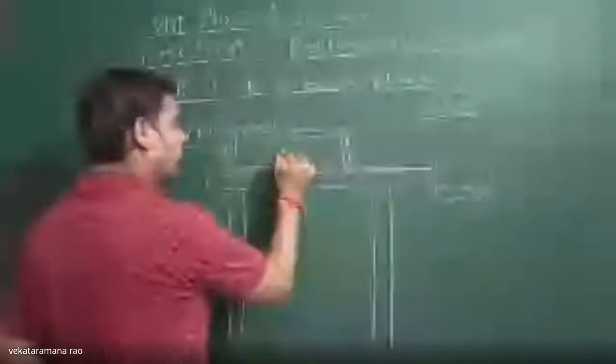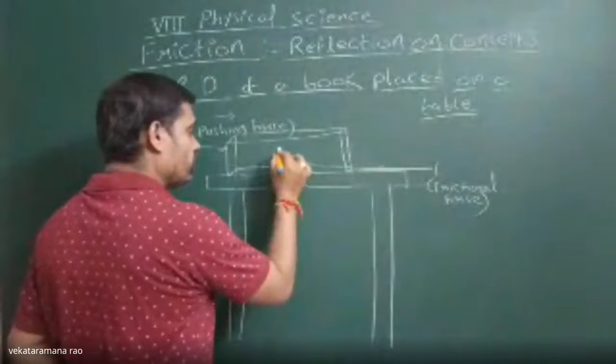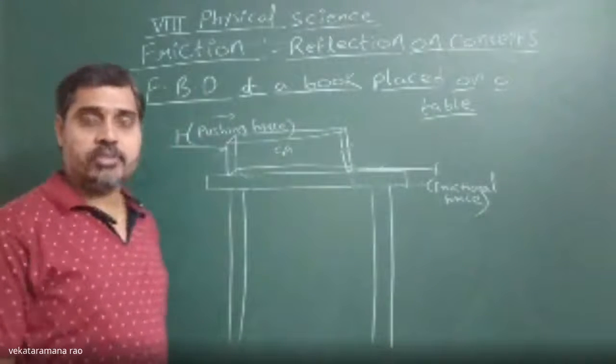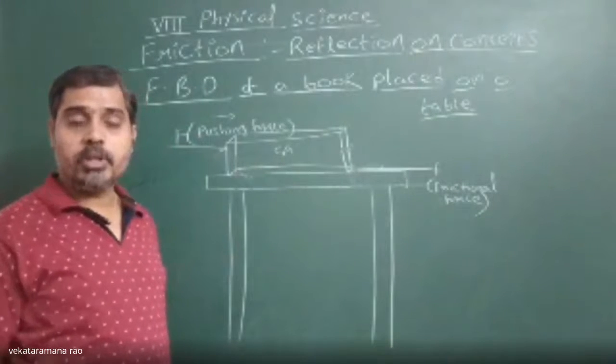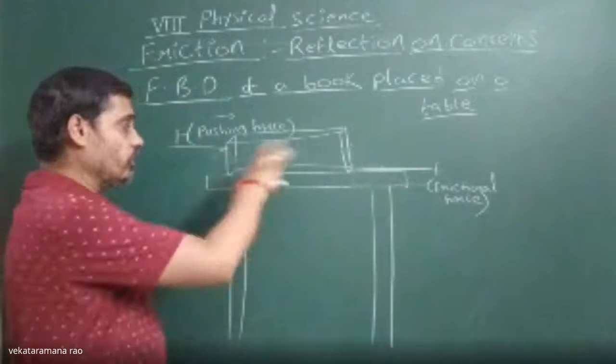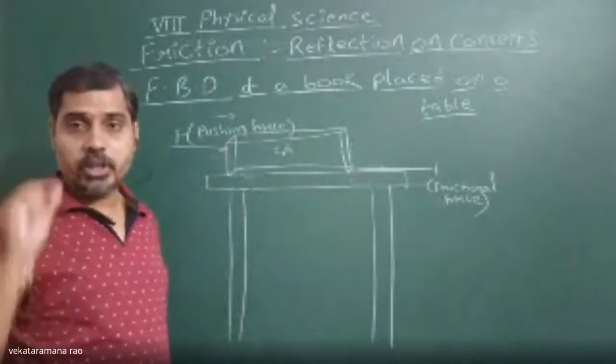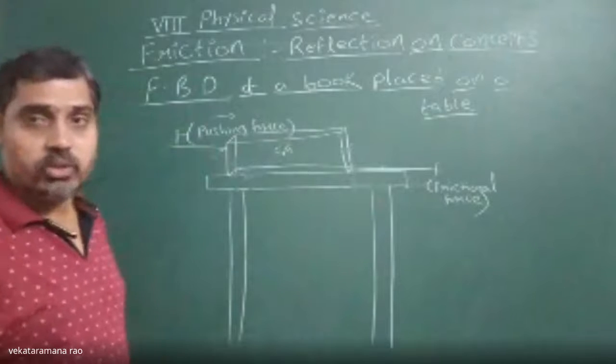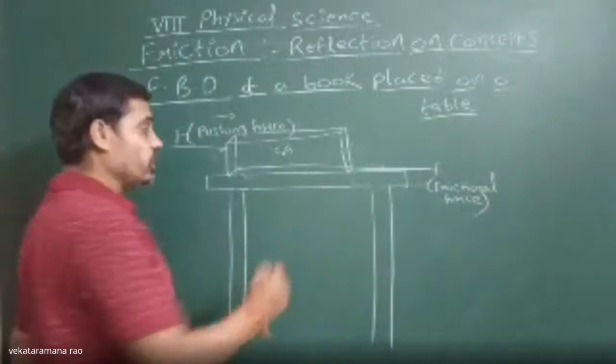Then there is its weight, acting at the CG, the center of gravity. The total weight of the object is applied at its geometrical center, which is called the CG.